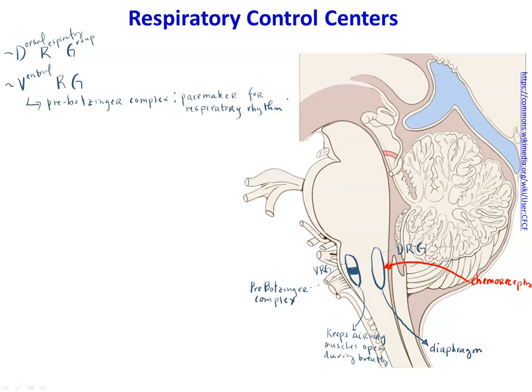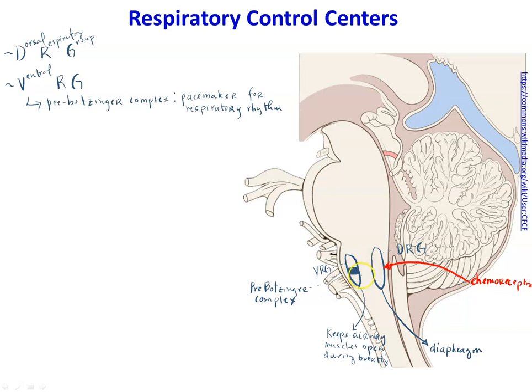So meaning that these pre-Bötzinger cells will fire in their own rhythm, which will control now our breathing rate.